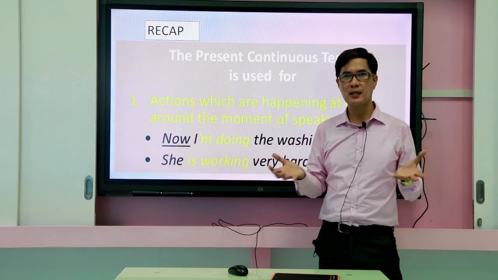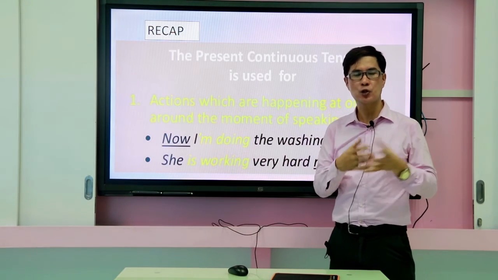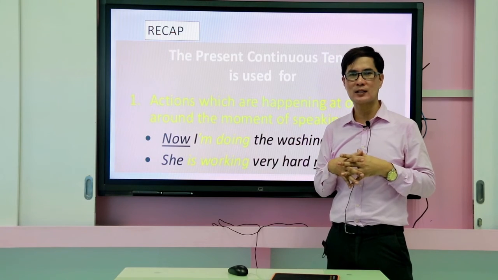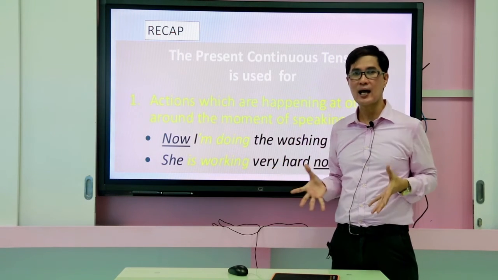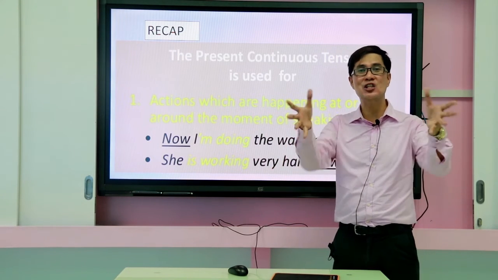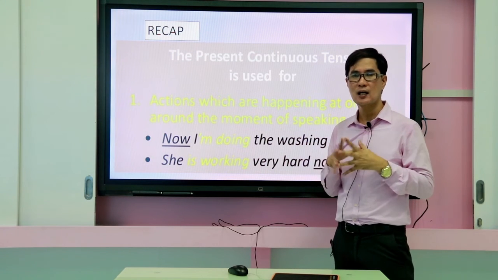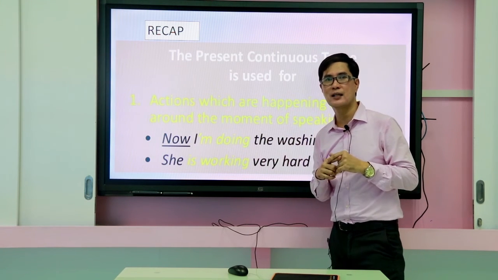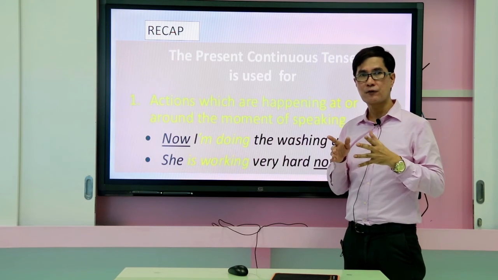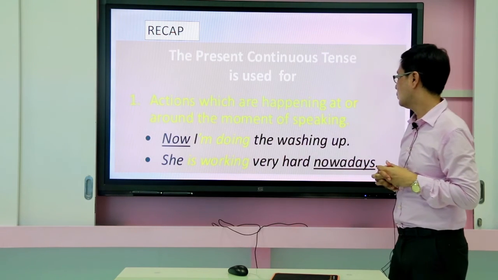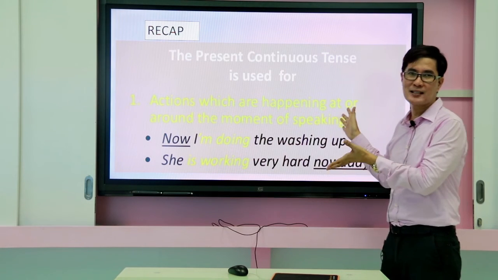If you were asking me what is happening right now, obviously I'm doing this tutorial lesson, so I'm teaching you right now. Notice the teach with the ing, which is the present continuous verb form. So now I'm doing the washing up. This is an example.